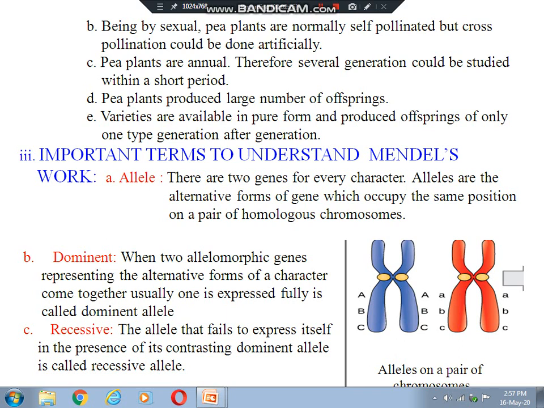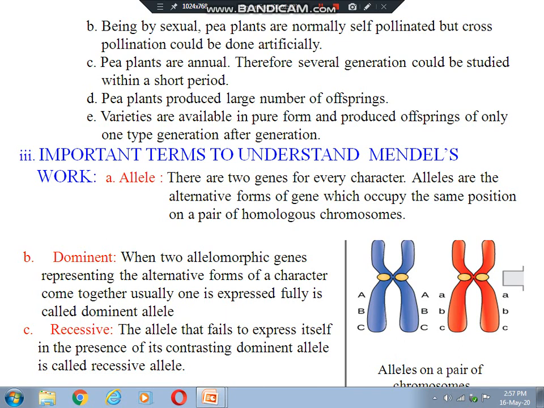Now see the diagram given here. One pair of homologous chromosomes is shown here. One is blue in color and another is red in color. The characters which are dominant are indicated by using capital letters, and the recessive characters are indicated by small letters. You just go to the diagram.